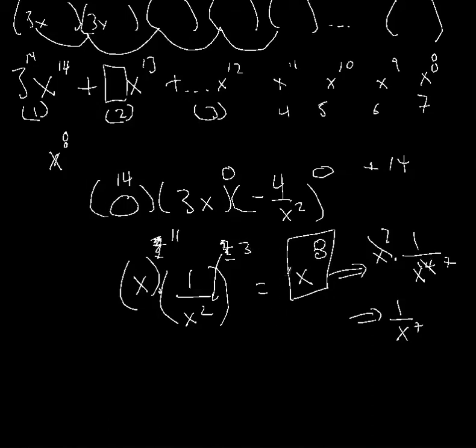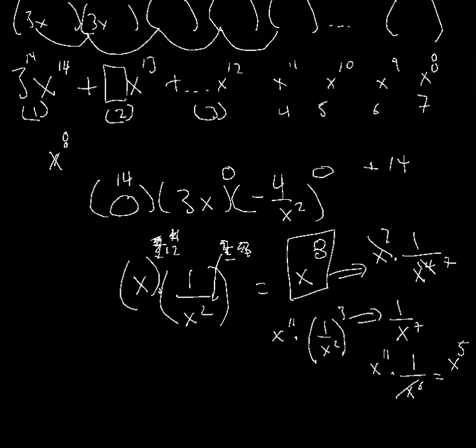If I do that, I'll have x to the 11 times 1 over x squared to the 3. So I have x to the 11 times 1 over x to the 6, and this gives me x to the 5. Once again, this is still not high enough. So with 11 and 3, I need this to be even bigger.